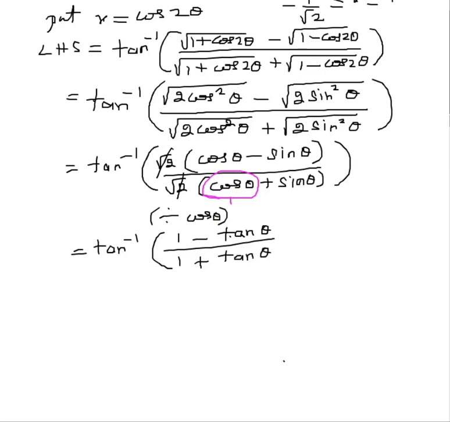I can write tan theta as 1 into tan theta. And this is of the form tan inverse of x minus y by 1 plus xy. I can write this as tan inverse of x minus tan inverse of y.